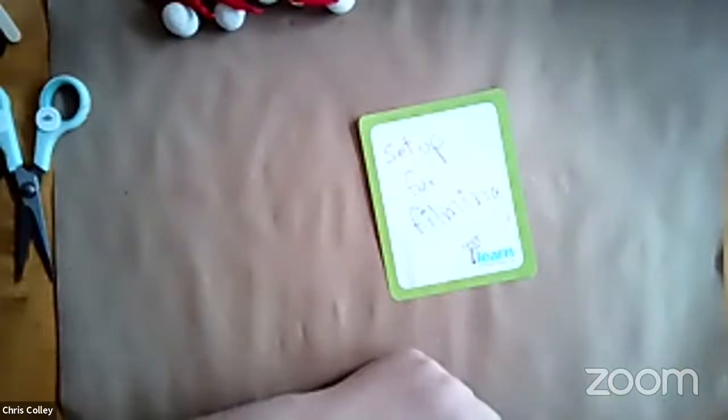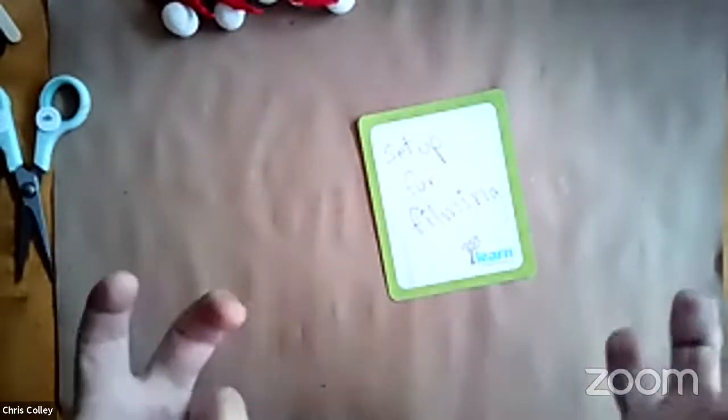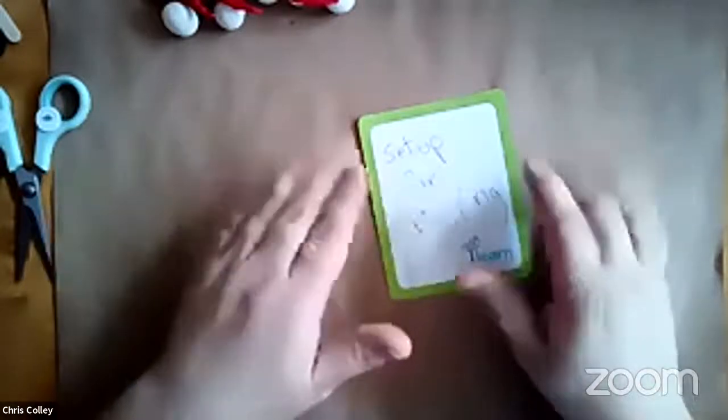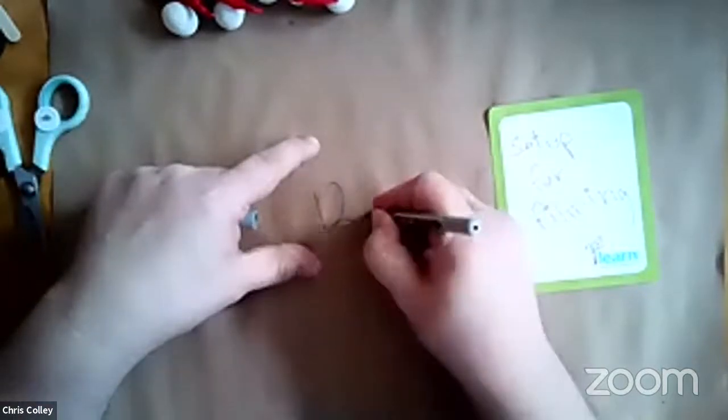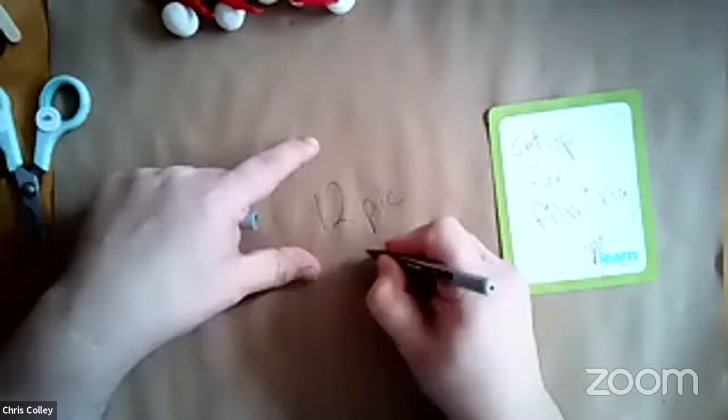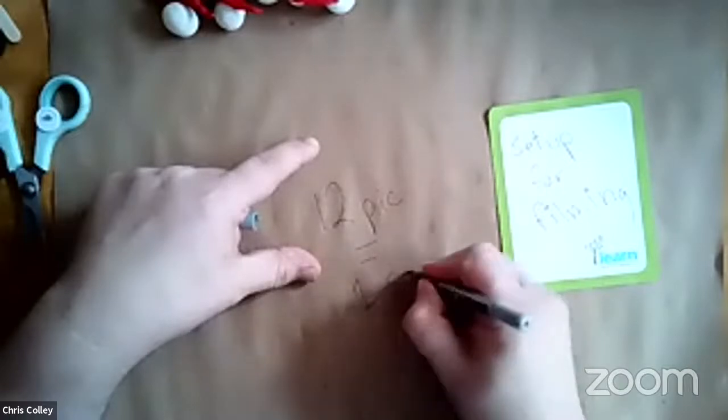Now, those are the different kinds of animations I can do. I want to talk a little bit about setup. Setup's super important. Why? Because when we're filming, we're going to be taking a ton of pictures. I want to give you this ratio: 12 pictures is equal to about 1 second.